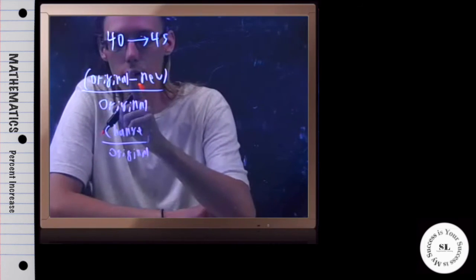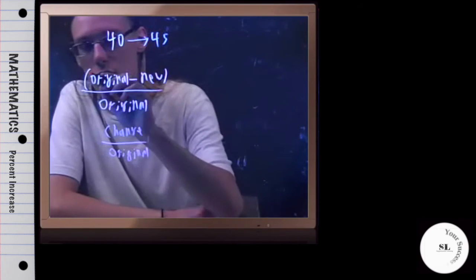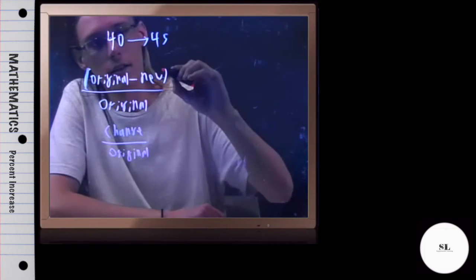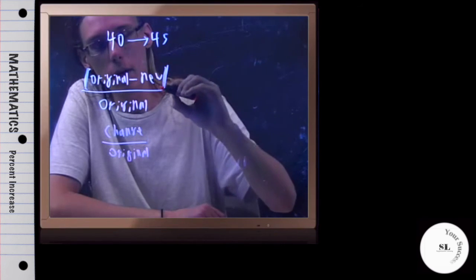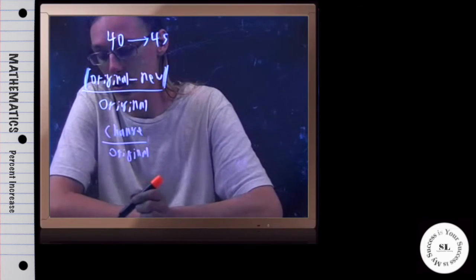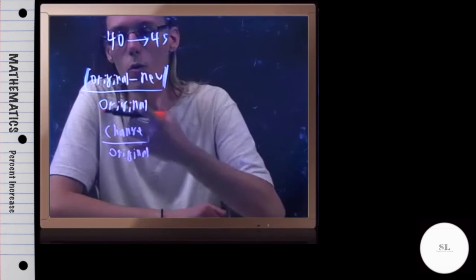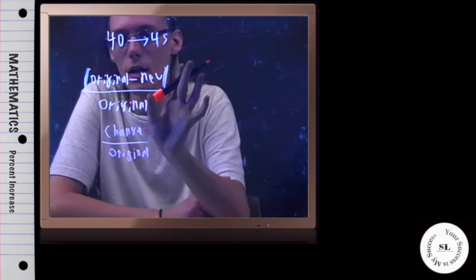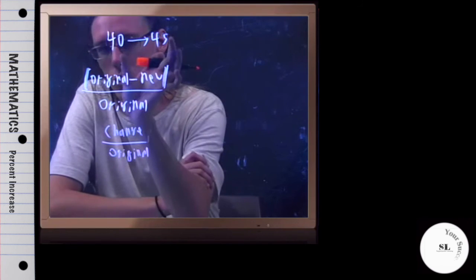So our original is 40, and actually, you know what? I need to put absolute values around here because we don't care about negative or positive. They're already saying that. They're saying it's a percent increase, or if it was a percent decrease, it would say so. So you don't care about whether it's negative or positive, you just care about how much it changed.